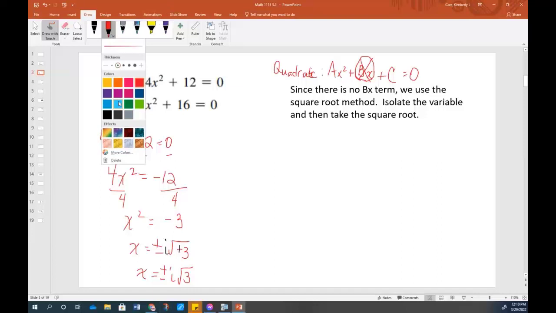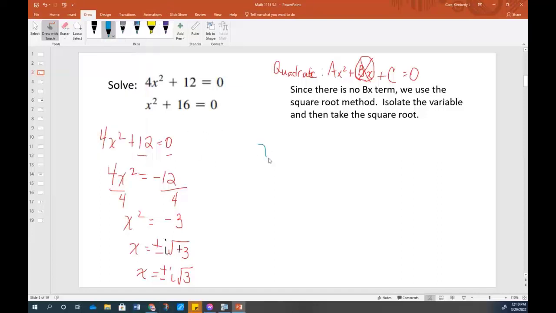One more time, but a little bit faster. On this other one, it says x squared plus 16 equals 0. So we get x squared is equal to negative 16. x is equal to plus or minus. Anytime you decide to take a square root, you have to do plus or minus, unless for some reason you know something doesn't apply, like a measurement.